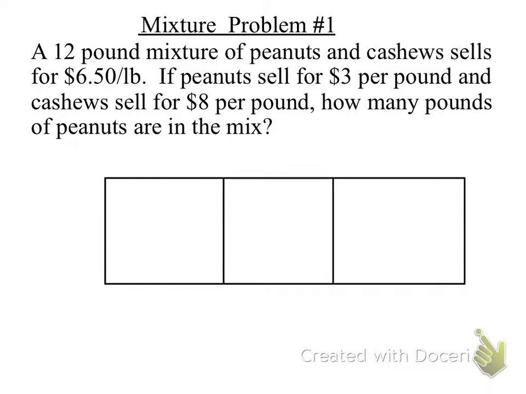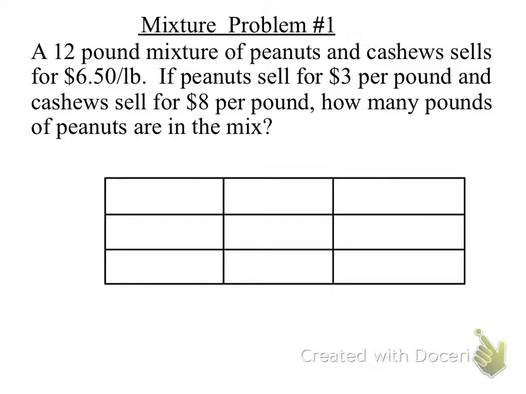So here we are. I think we had similar problems, and this is where we are doing amount times, this time, what are my units? Not peanuts. That's amount. It's the money.